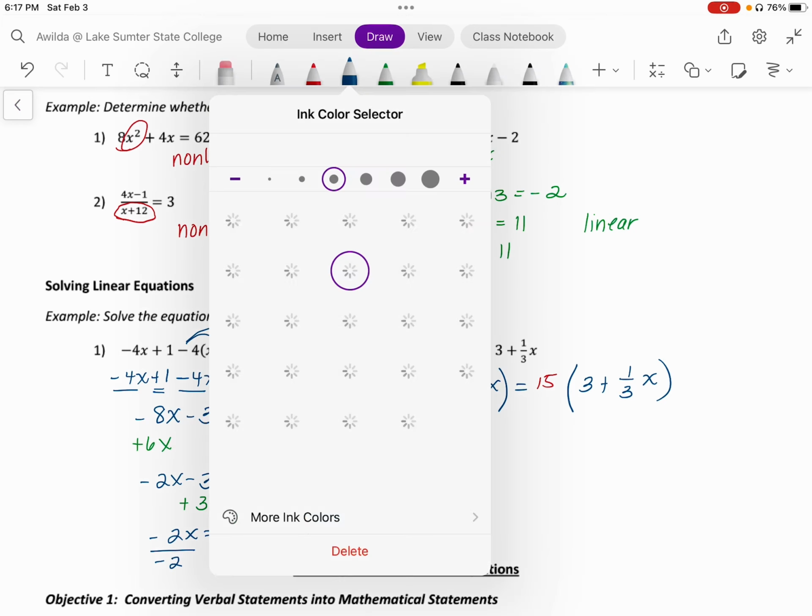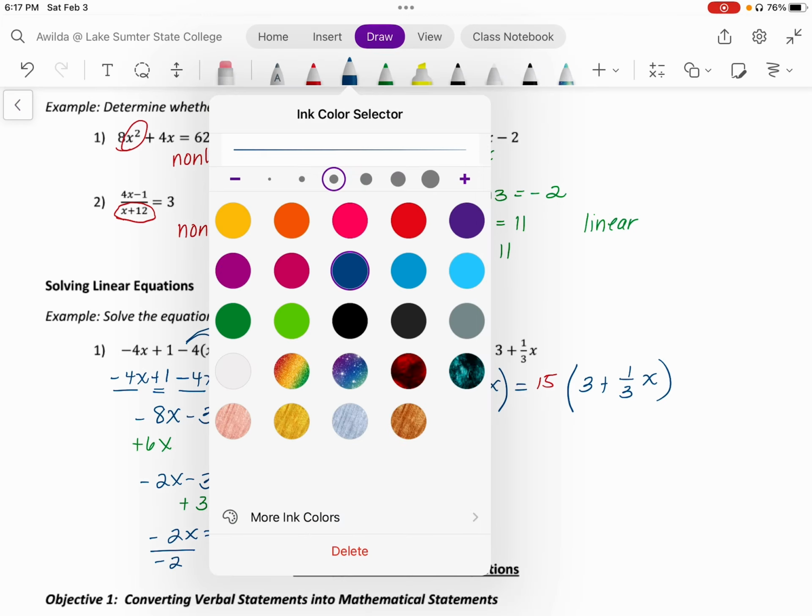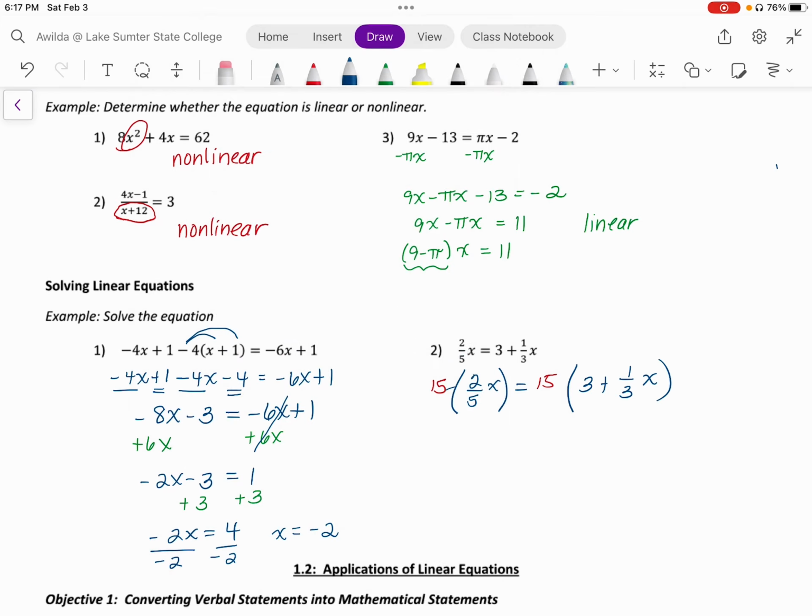So now let's see how this helps. We have 15 times 2 is 30, and 30 divided by 5 is 6. So the left-hand side becomes 6x. On the right-hand side, we have to distribute. So first we have 15 times 3, that's going to be 45. And secondly, we have 15 times 1 is 15. Then divide that by 3, we get 5.